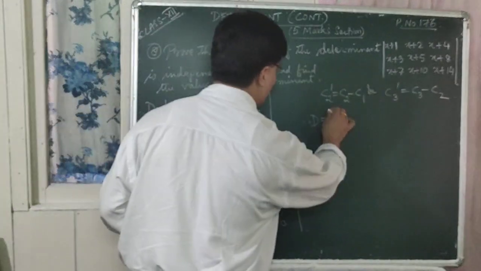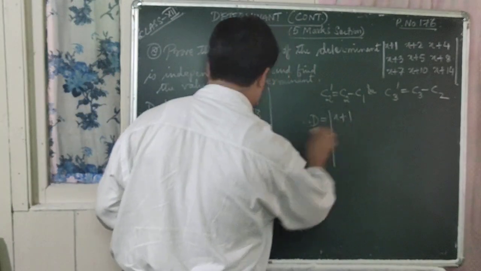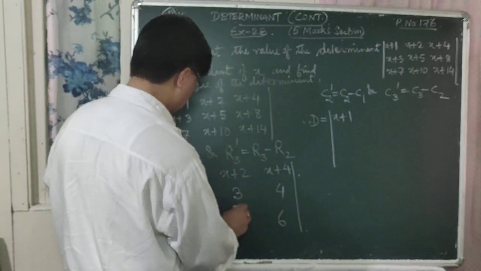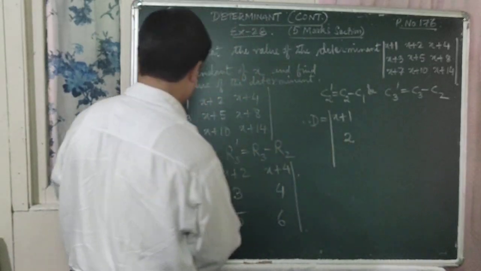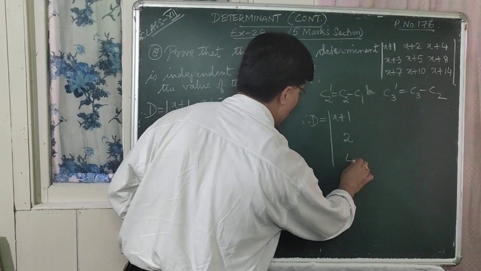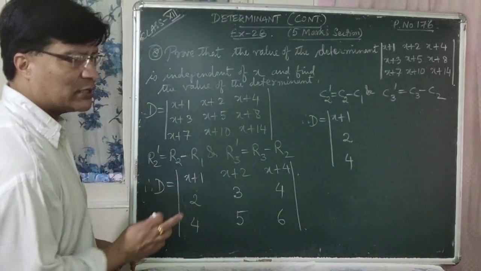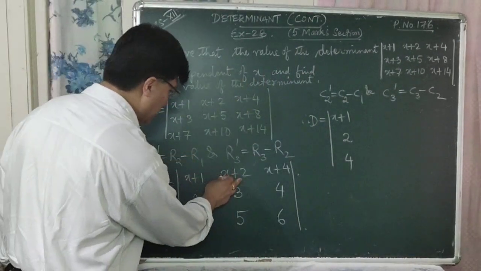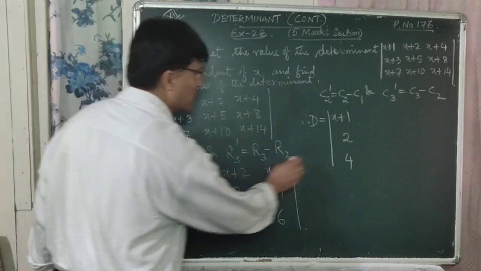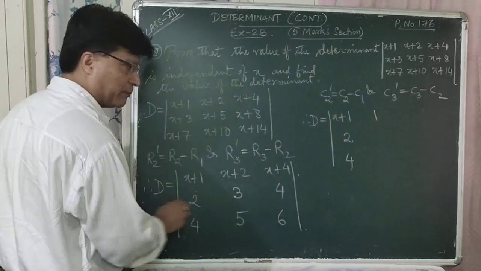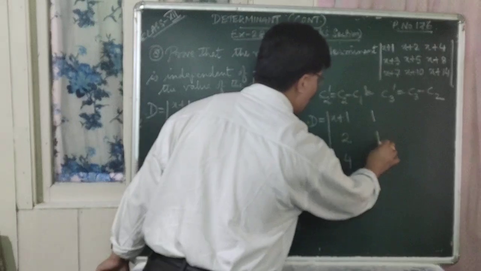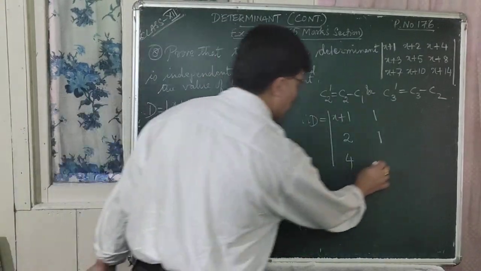That is D is equal to, what is the first column? X plus 1, so it is 2, right? So it is 4. It remains same. Now what is C2 dash is equal to C2 minus C1? X plus 2 minus x minus 1, 2 minus 1 is 1. It's 1 out here. 3 minus 2 is also 1. 5 minus 4 is also 1.